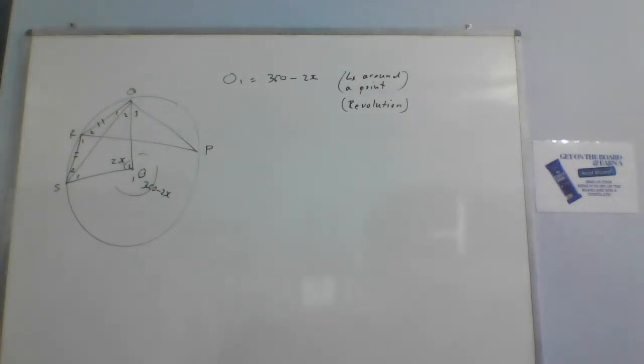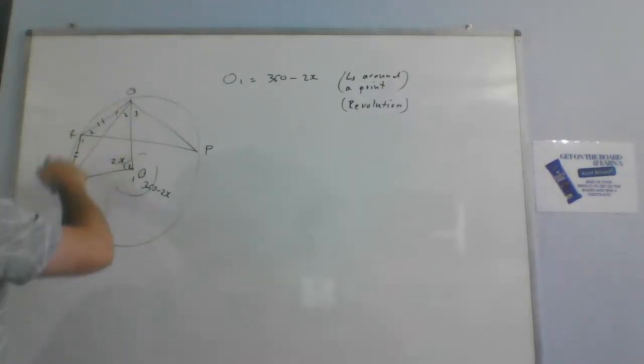And then from there, we can say that this reflex angle is equal to double the angle R. So that's what they're asking us for. QRS is that whole angle R.